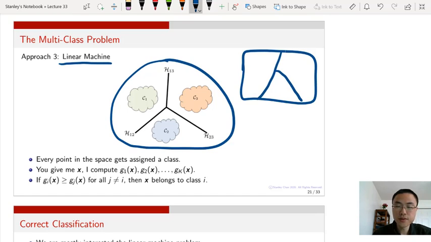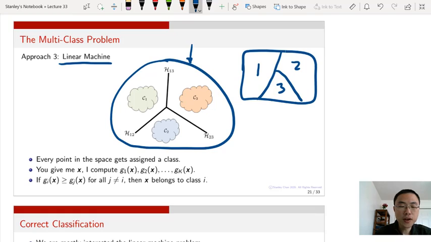So let's say this is your classification space. You're going to partition it into 3 segments, 1, 2, and 3 in this example. And then the 1, 2, and 3 are not overlapping, and the union of the 3 will comprise the entire input space. So let's look at this case here, that you have class 1, class 2, and class 3.